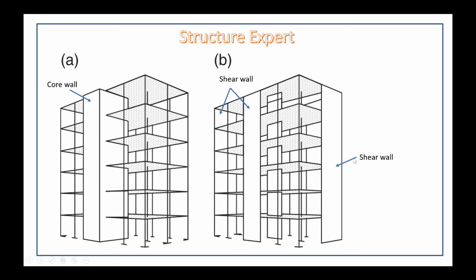You see shear wall, shear wall, shear wall, and shear wall. So if we classify based on topology or visual, we can say that the structure is a braced frame according to the wall and core wall present in the structure.